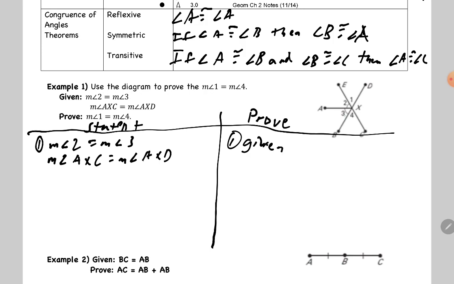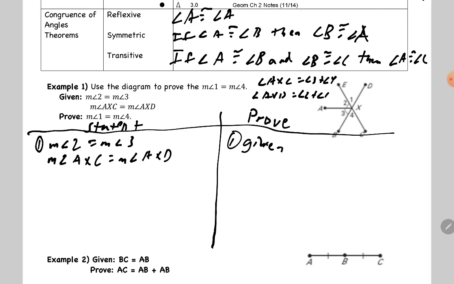So angle 2 is equal to angle 3, and they tell us that angle AXC, that's angle 3 plus angle 4, and angle AXD, from our picture, is angle 2 plus angle 1.